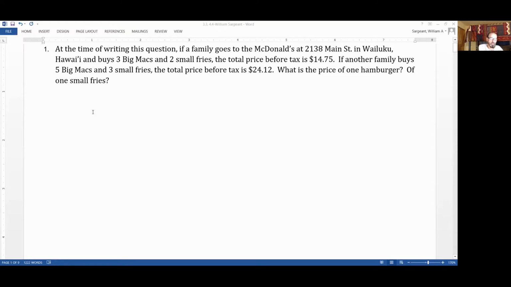So I'm going to call B the price of 1 Big Mac, and F will be the price of 1 package of small fries. The price of one of those.